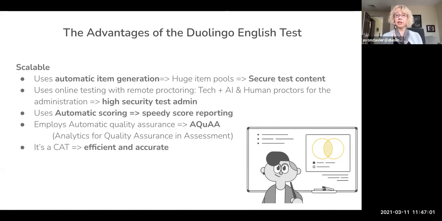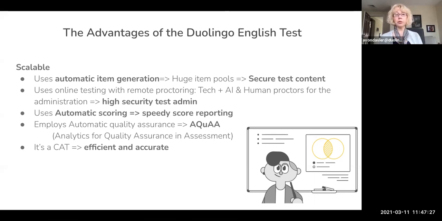What are the advantages of the Duolingo English test? Well, first, it's scalable. It uses automatic item generation to create huge item pools that in turn make sure that the test content is secure. It also uses online testing with remote proctoring, as I mentioned before, which leads to a really high security test administration.